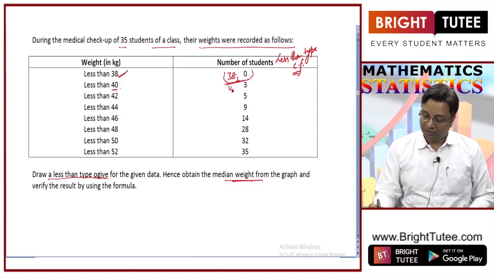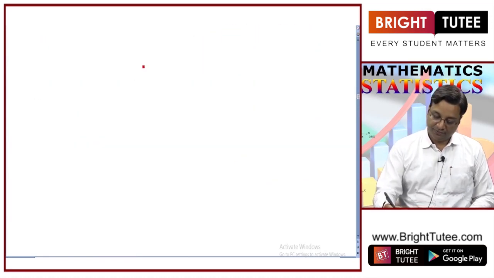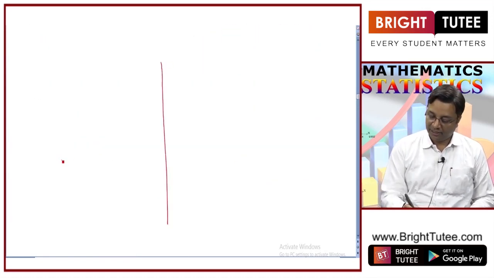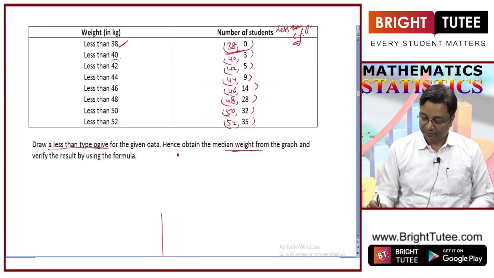Less than 40, so another coordinate will be 40, 3, 42, 5, 44, 9, 46, 14, 48, 28, 50, 32, 52, 35. So these are the coordinates. Okay, and we can draw this graph here. Here let's start with a kink here.